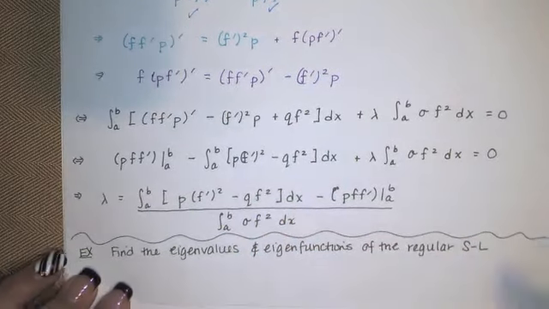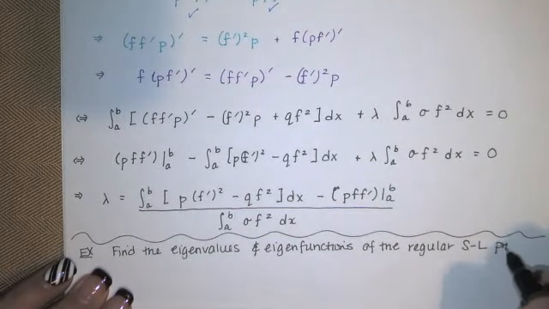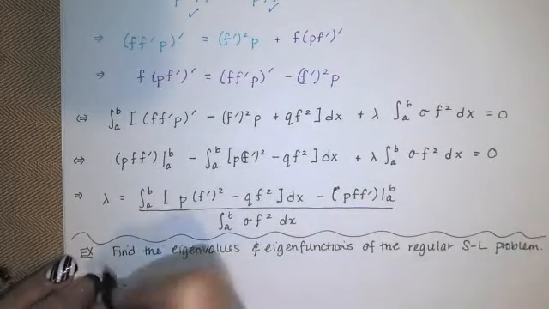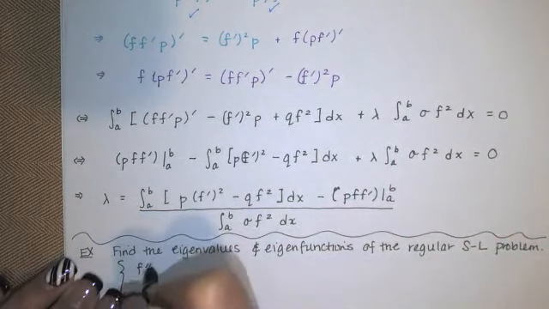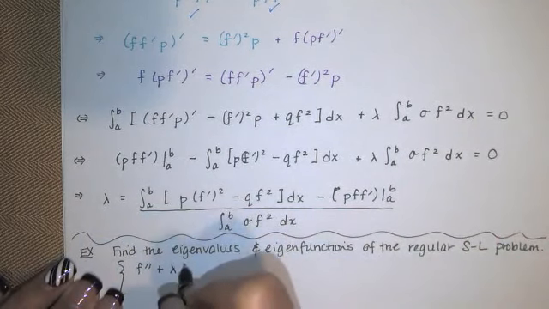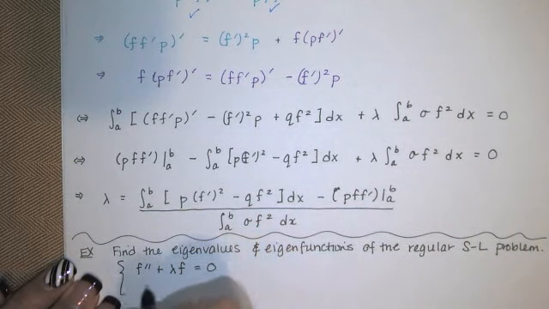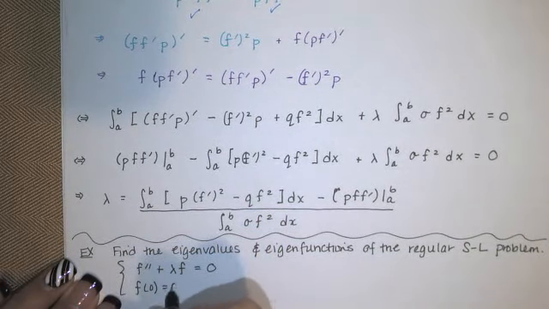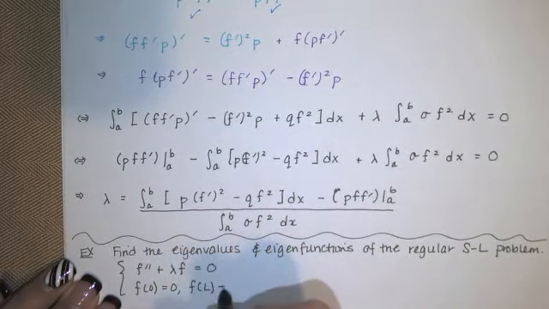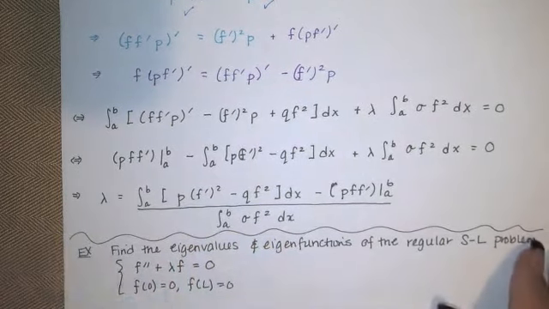We'll just abbreviate that S-L. And here's our problem. We've got f double prime plus lambda times f equals 0, and f of 0 equals 0, and f of L equals 0.